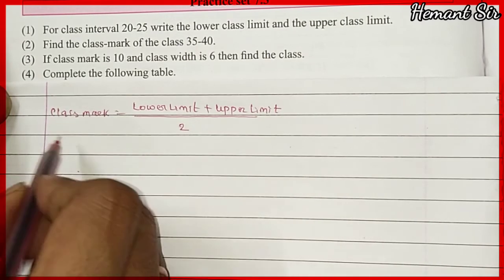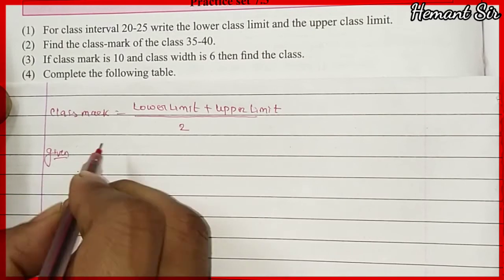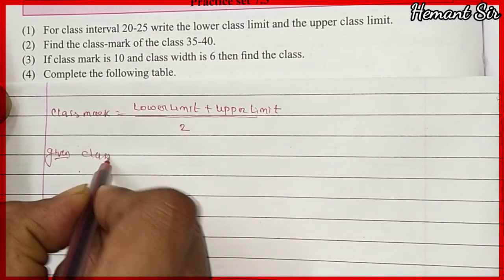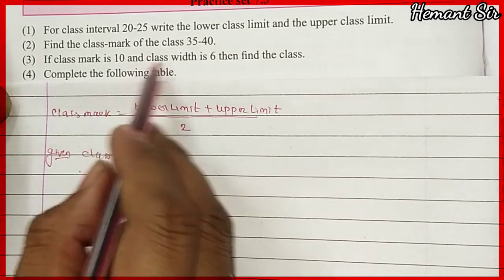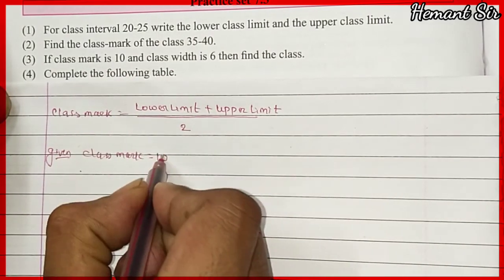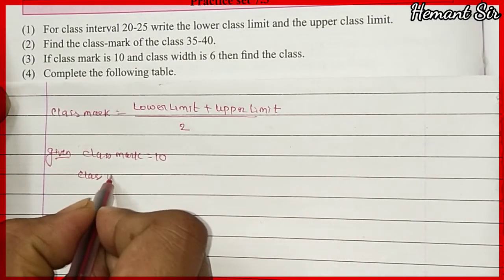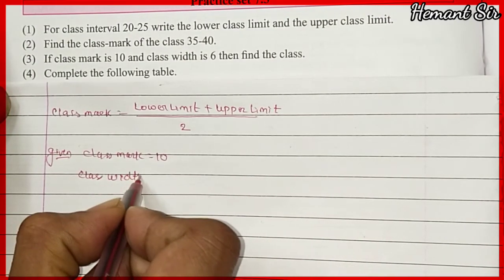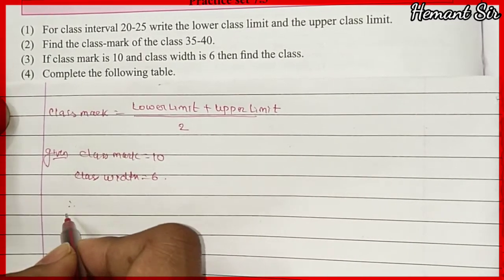Let's see, we have to write the given part first. What is given? Class mark is 10, and class width is 6. Therefore we have to consider a number.